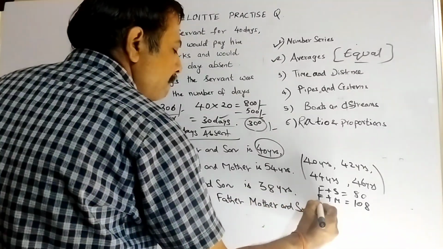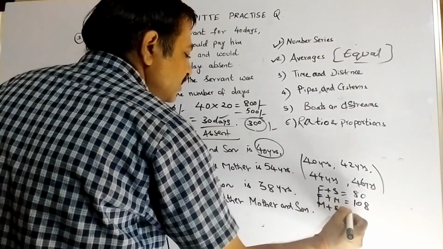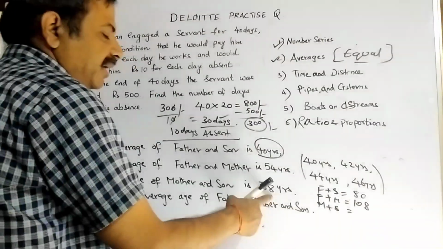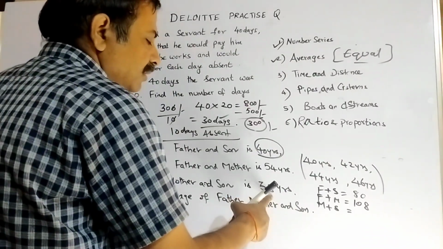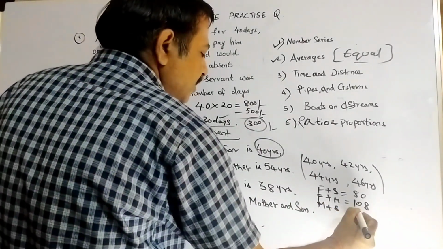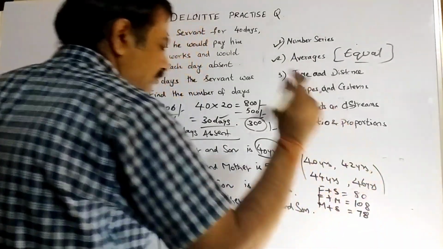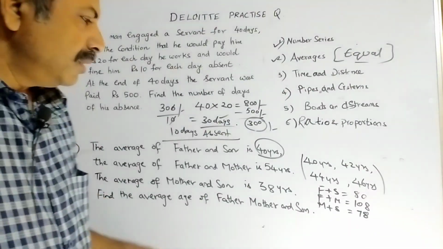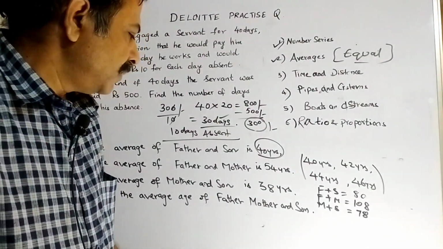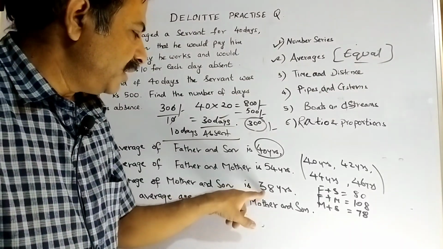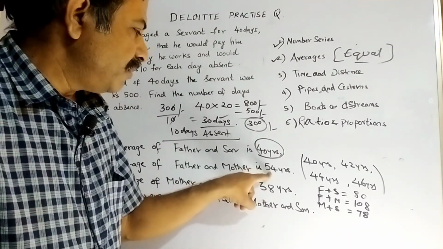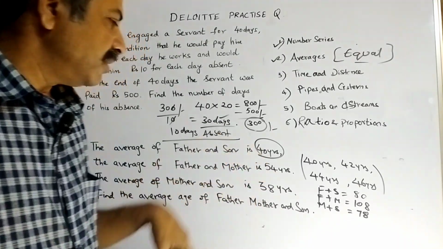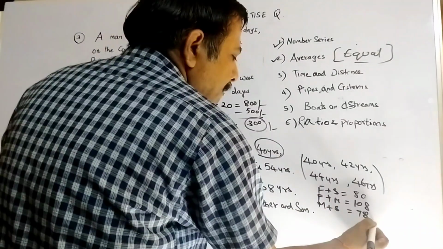Mother and son, total is 38 into 2, 76. Okay, I got like this, dear students. 80, 108, 76. So this is the total now.